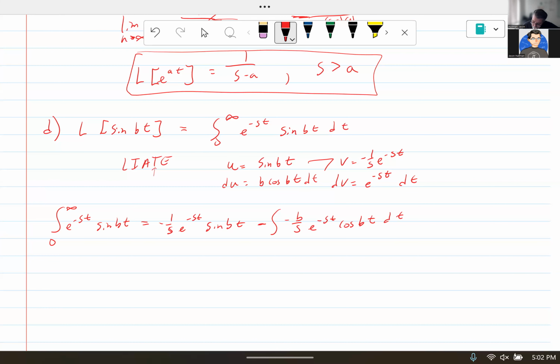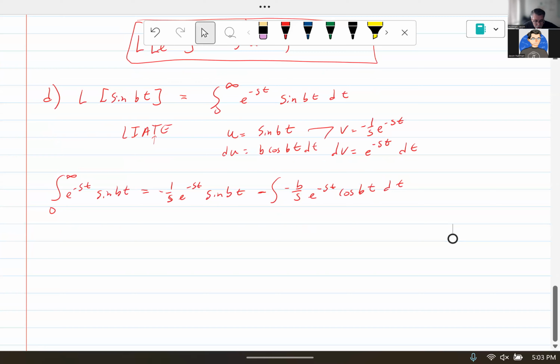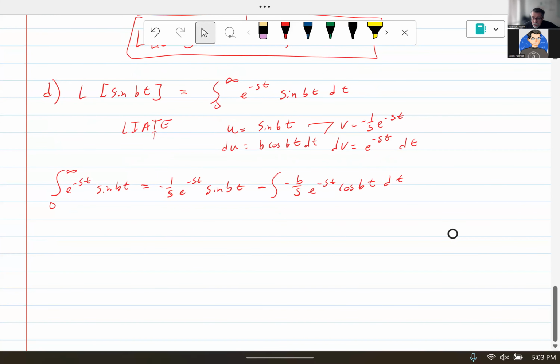Okay, so now I'm going to do another u sub, or not u sub, I keep saying that. Another integration by parts.